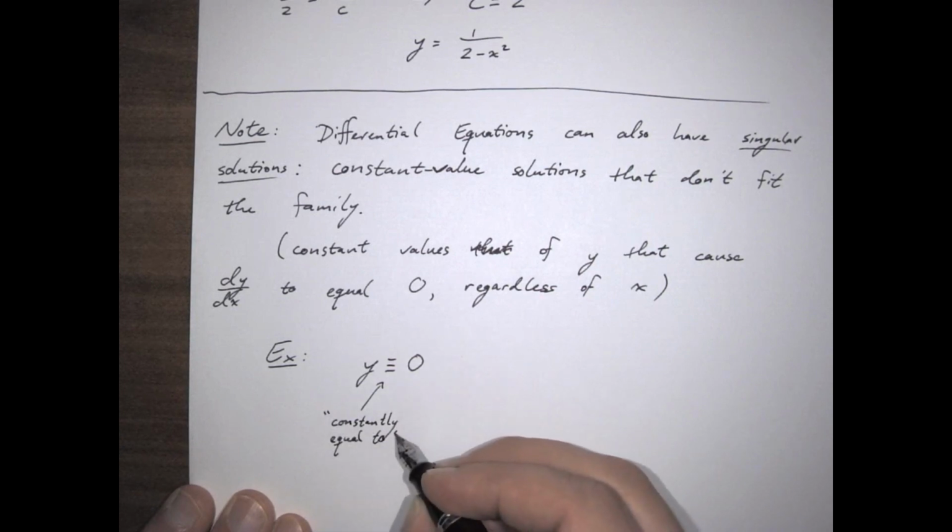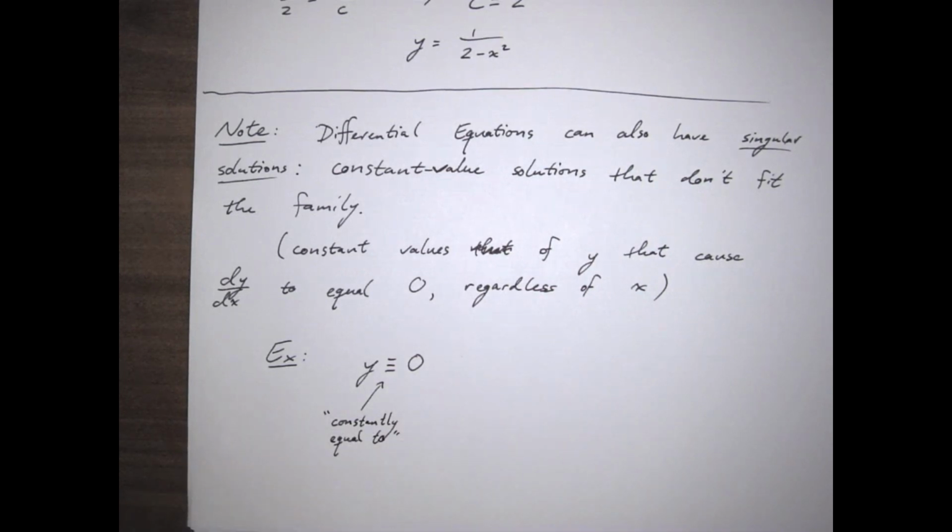So that's what it means when you do an equals with 3 bars in this context. Equals with 3 bars can also mean equivalent in other branches of math, but here specifically, when we're talking about a function, then the 3 bars is to indicate that we are saying that it is defined to be equal to or constantly equal to or identically equal to 0.